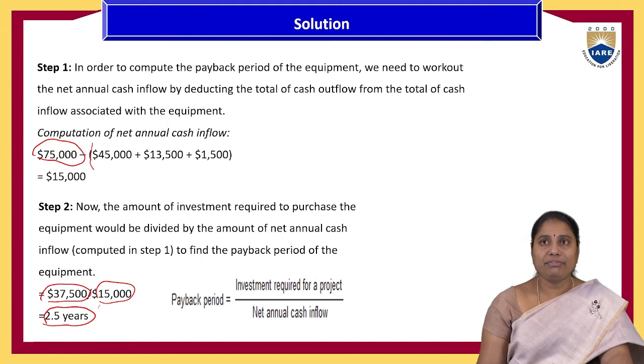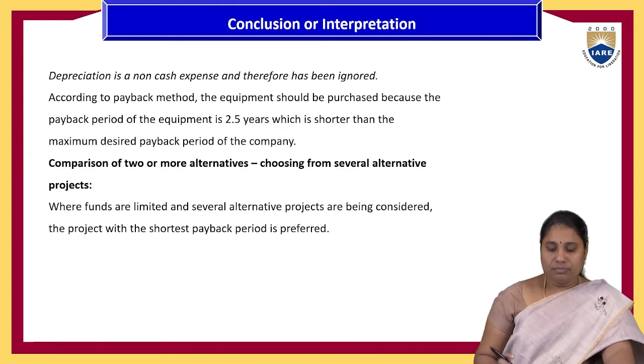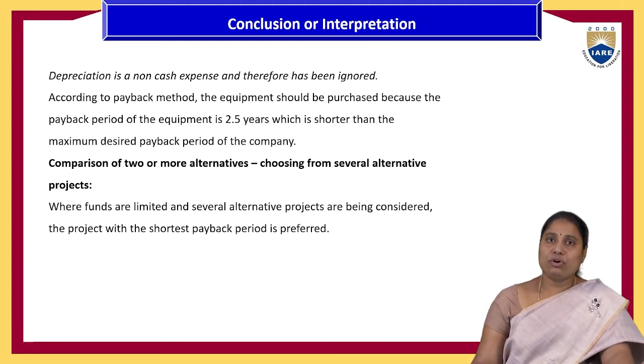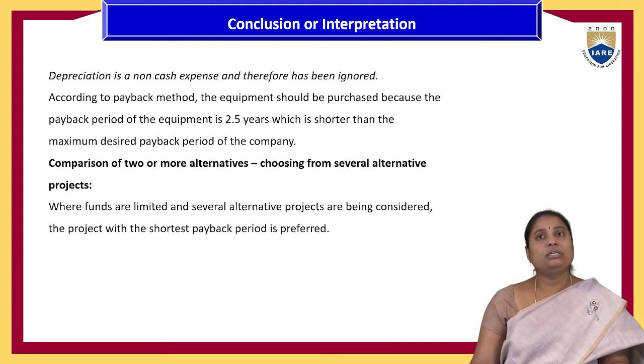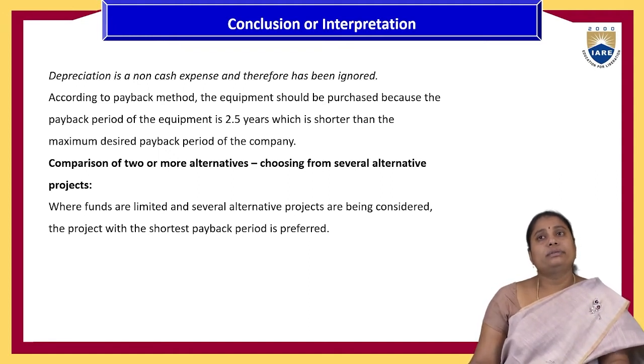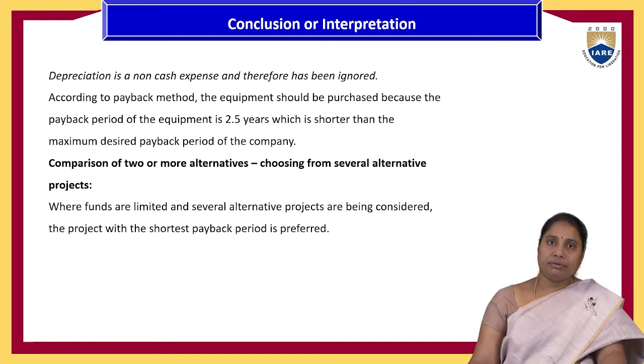Depreciation is a non-cash expenditure, so that's why we have not considered it, and it is less than the expected payback period. So it is better for Rani Beverages Limited to purchase that particular equipment.